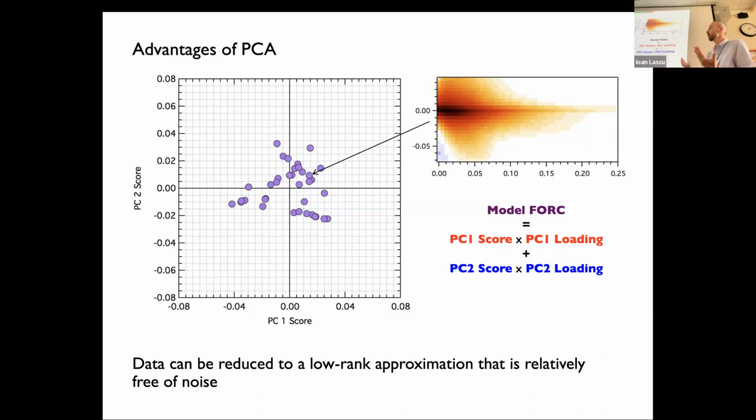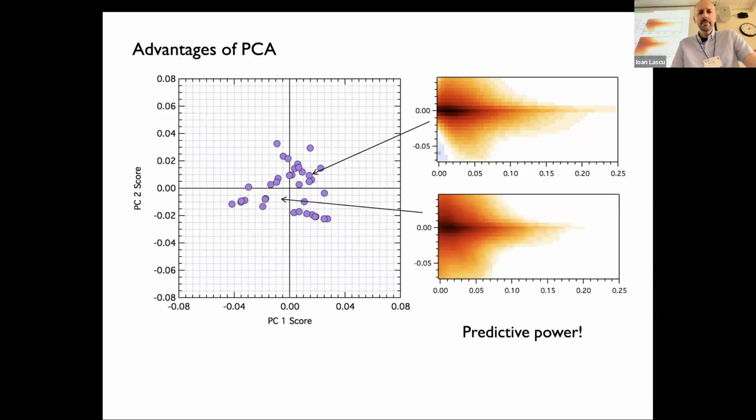So in this case, the first 2 principal components are used to reconstruct the FORC that arrow is pointing to. And if you were to use more principal components, you would sort of add in a lot more information, and that information a lot of time contains most of the noise that you gather. So that's why I'm saying that it's relatively free of noise because you're just using these first 2, in this case, principal components, so a low rank approximation.